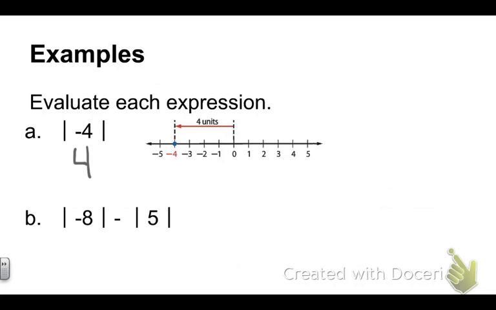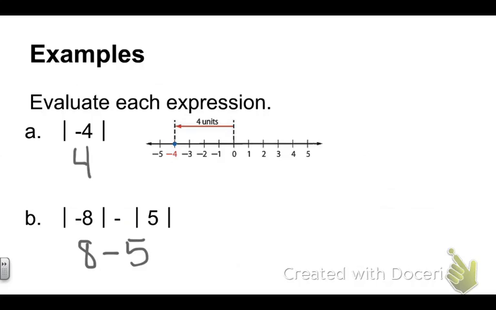Now, example B, a little trickier. It's asking what is the absolute value of -8 minus the absolute value of 5. You have to take care of your absolute value symbols first. So the absolute value of -8 is 8, and it's still minus, and the absolute value of 5 is 5.